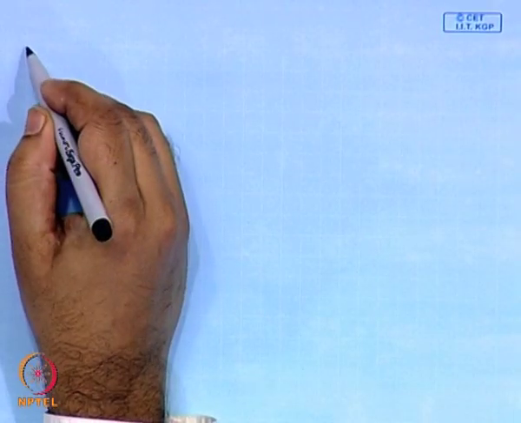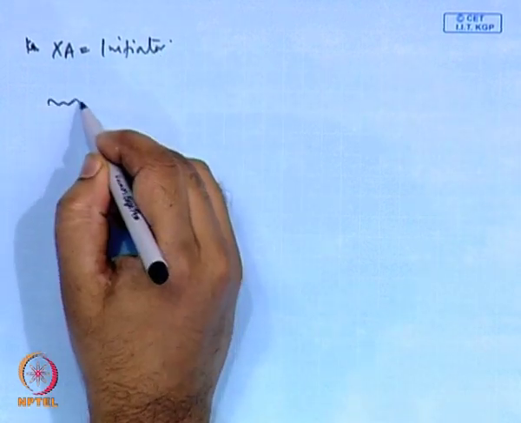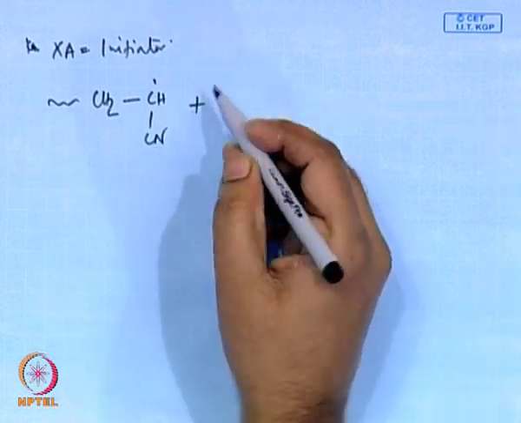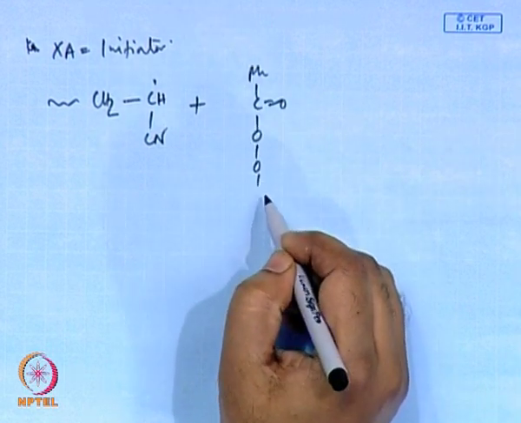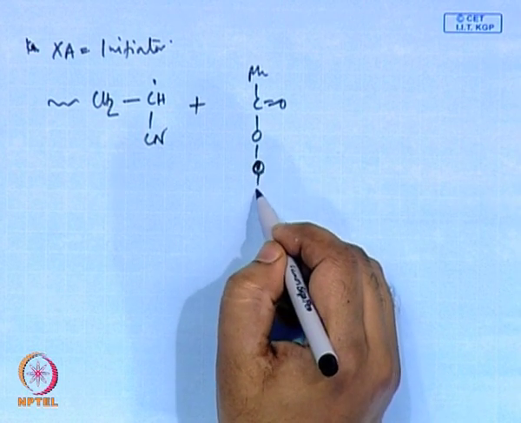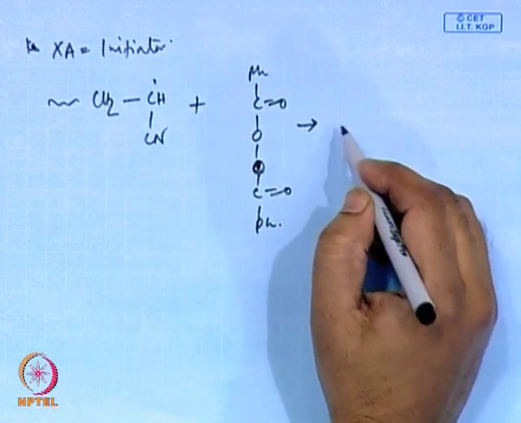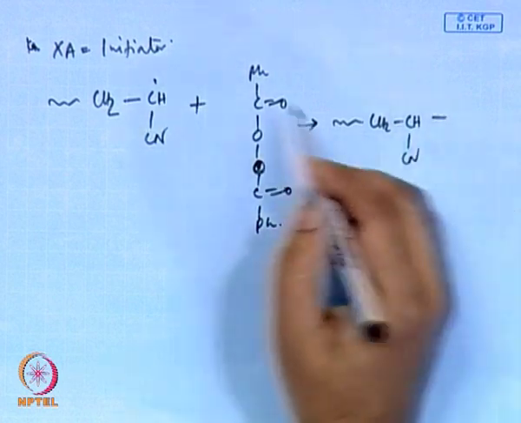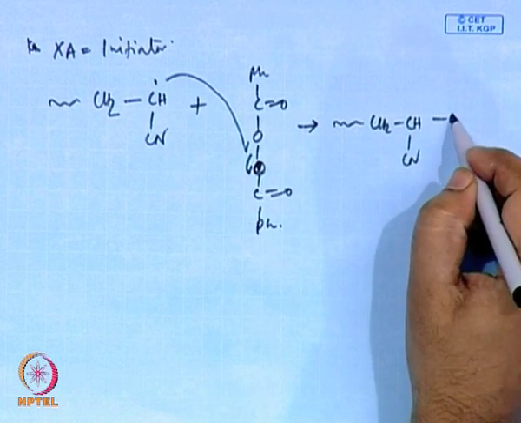Let us give some examples of this transfer reaction. When XA is initiator, say I have a reaction of acrylonitrile, and in this case benzoyl peroxide is the initiator, and it can take up this and form this.